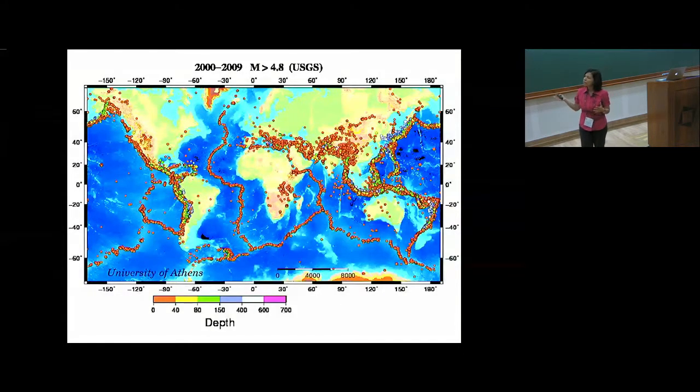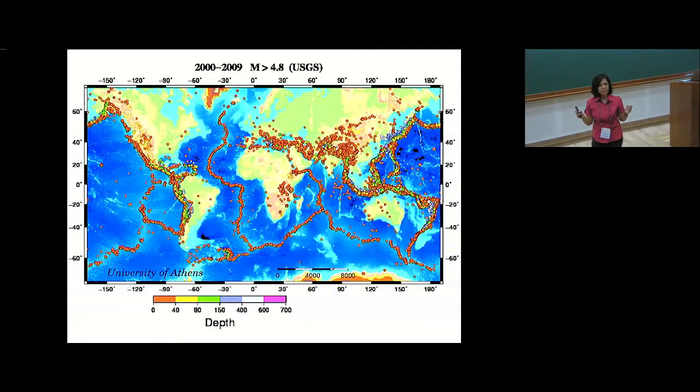For example, the biggest earthquake that has been recorded so far was in 1960 in Chile, where the South American plate is colliding against the Nazca plate, okay? That was, I think, a 9.6 magnitude earthquake, the biggest we have recorded so far, again at a subduction zone. And some of you may have heard about the 2004 tsunami, which also originated because of an earthquake in Sumatra, Indonesia, and that was also a very big 9.6 magnitude earthquake.